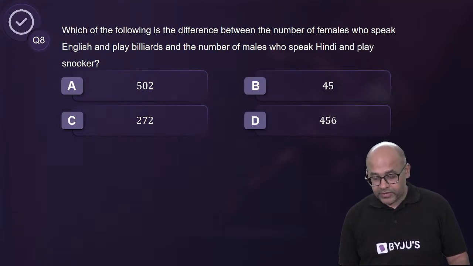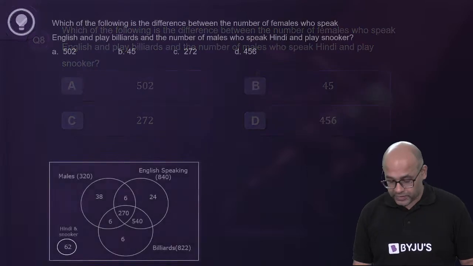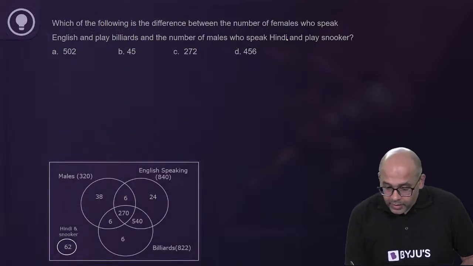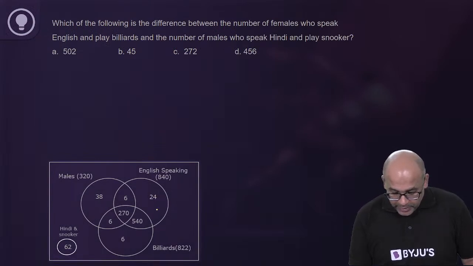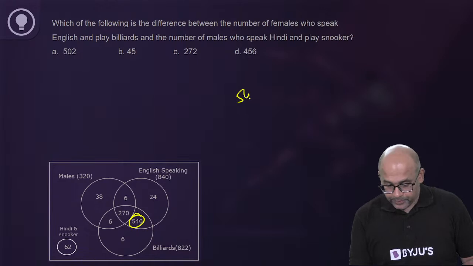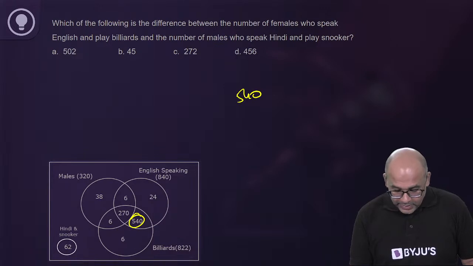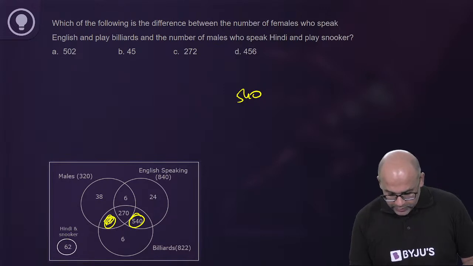Next, which of the following is the difference between the number of females who speak English and play billiards and the number of males who speak Hindi and play snooker? Once again, females, English and billiards, this is 540. Males, Hindi and snooker: Hindi is outside this, snooker.